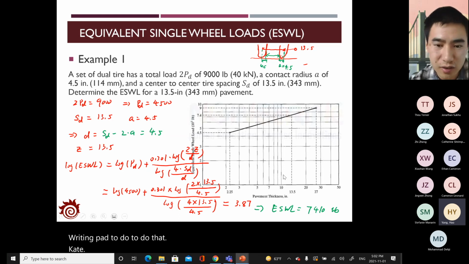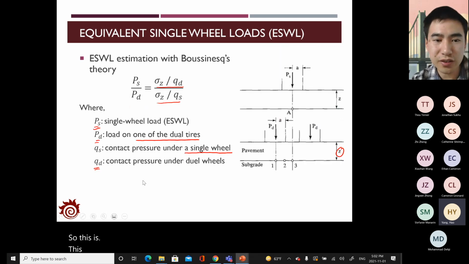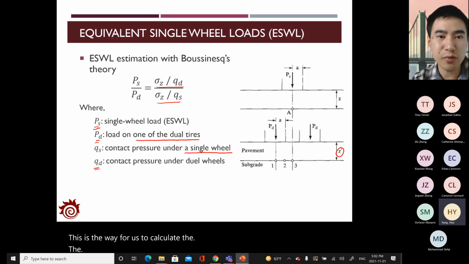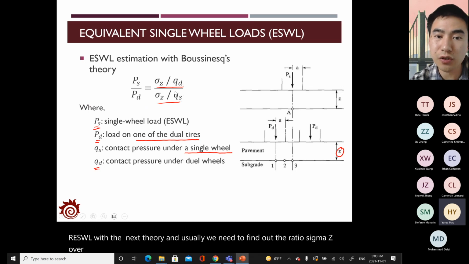So this is the way for us to calculate the ESWL with the Boussinesq theory, and usually we need to find out the ratio sigma z over QD and sigma z over QS under 3 points.